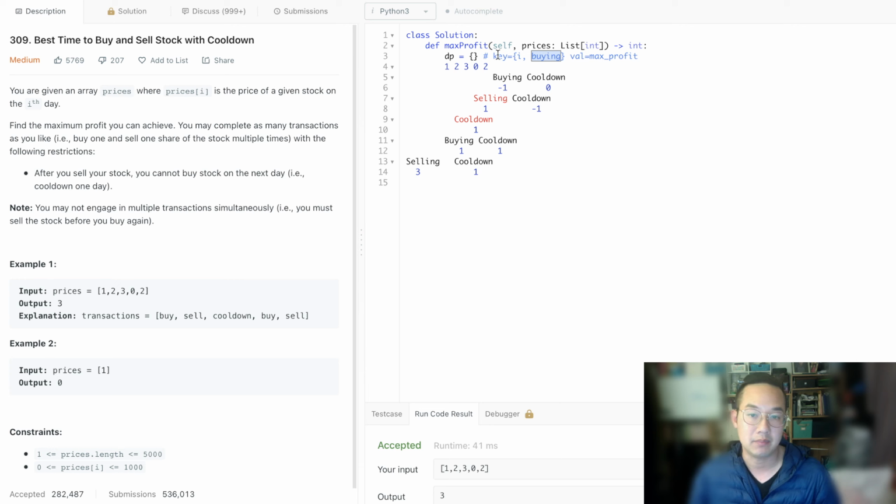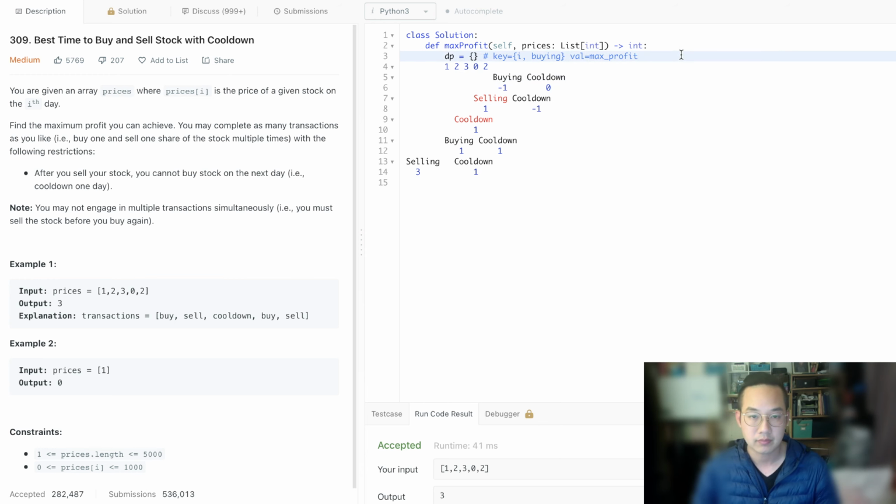So we have to go down these particular paths to find out what happens during a cooldown, a buying phase or a selling phase. These paths are selected via a DFS call.